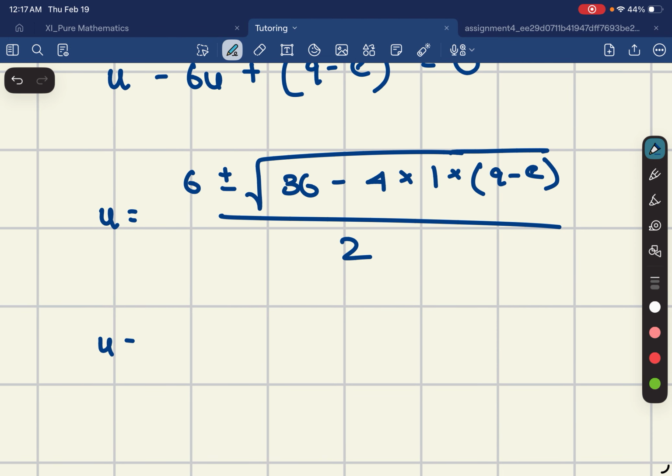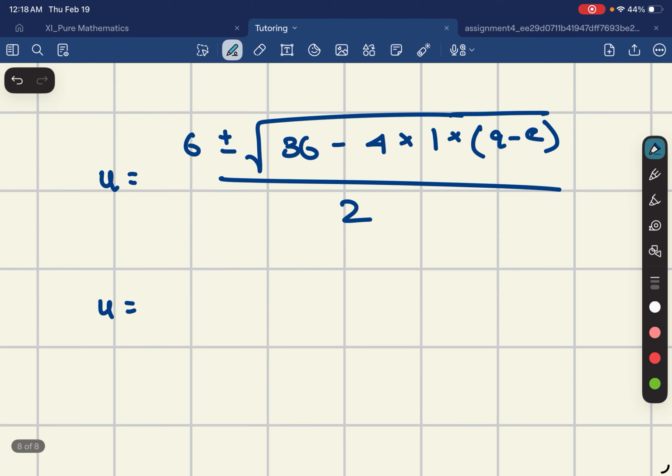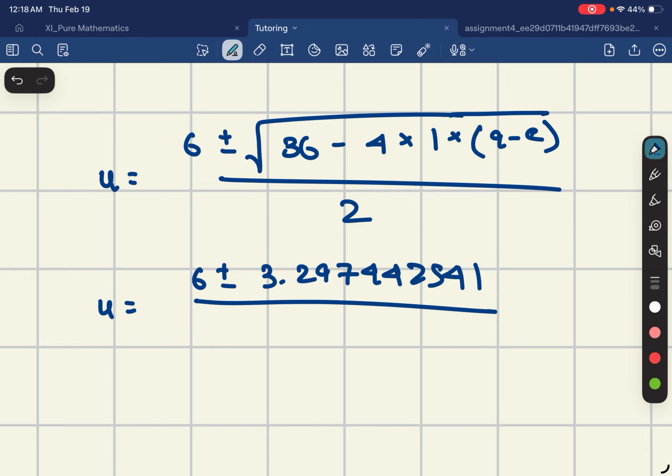So if I solve this, 36 minus 4 times 1 times 9 minus e gives me 10.8731, and if I take the square root it is 3.29. So I have 6 plus or minus 3.297442541 in my numerator, divided by 2.